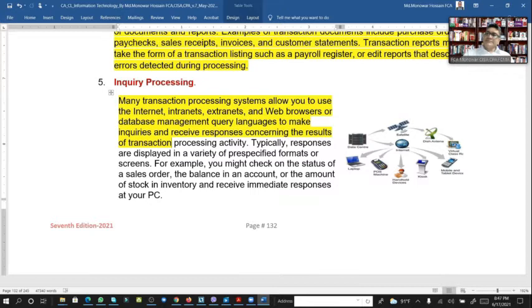For example, in a bank, all banks, for AD browser, their export and import everything they have to report to the Bangladesh Bank directly, and that report can be seen within the dashboard. Nowadays in a smart office, all managers should have dashboard reporting, and they know the activities, the revenue, the selling, everything, which can be seen within that system. So this is inquiry processing.